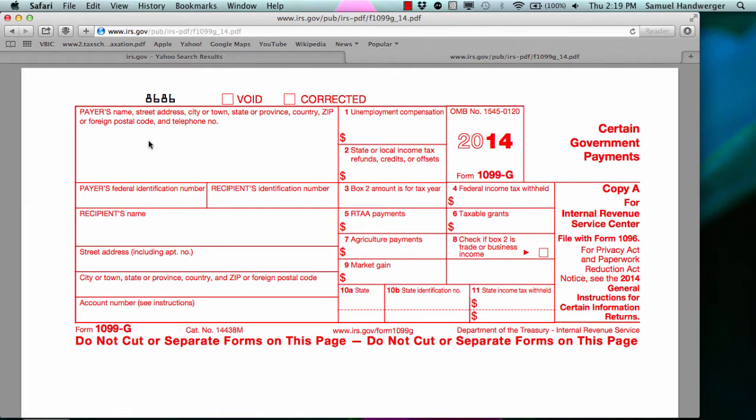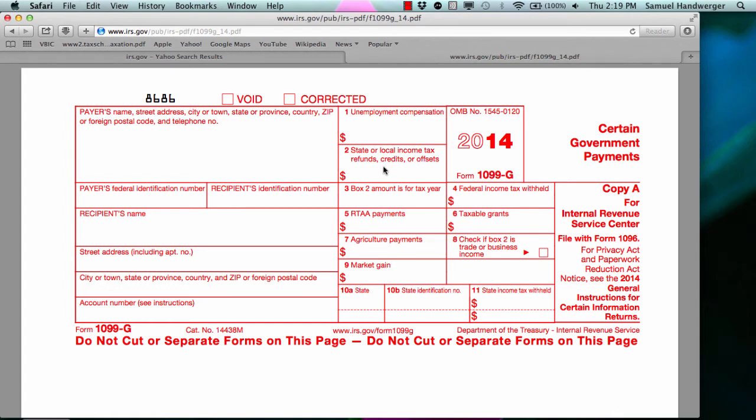The payer will be the state or the local government that's paying it. And there's your recipient who's receiving the money. Unemployment compensation is reported. That must mean to you, if you didn't quite catch it already, that unemployment compensation is taxable. That's why the government is insisting that the states send out a 1099-G to the recipients so they'll know to put it on their tax return.